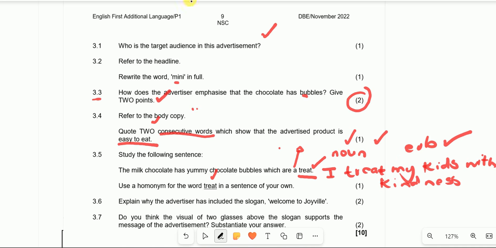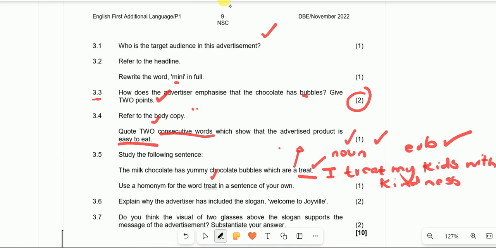And then this question, 3.5, is actually a language-based question, and you must not be shocked to see language questions in visual literacy, both advertisements and cartoons. Now you look, and here the examiner is looking for a homonym. Homonyms actually mean words that are spelled the same, pronounced the same, but their meaning might be different.